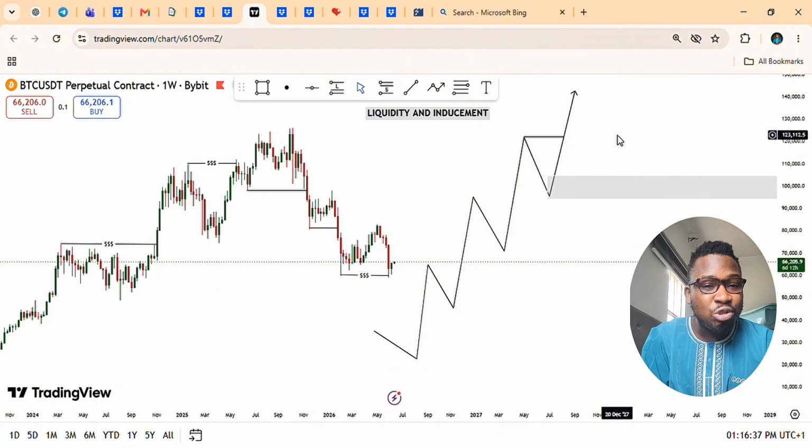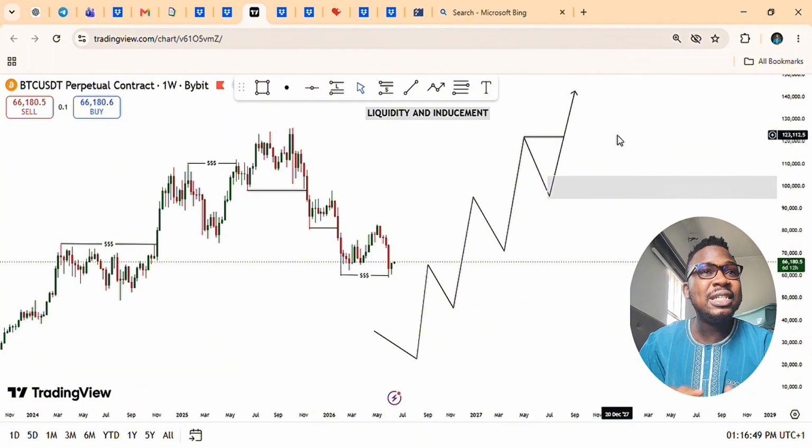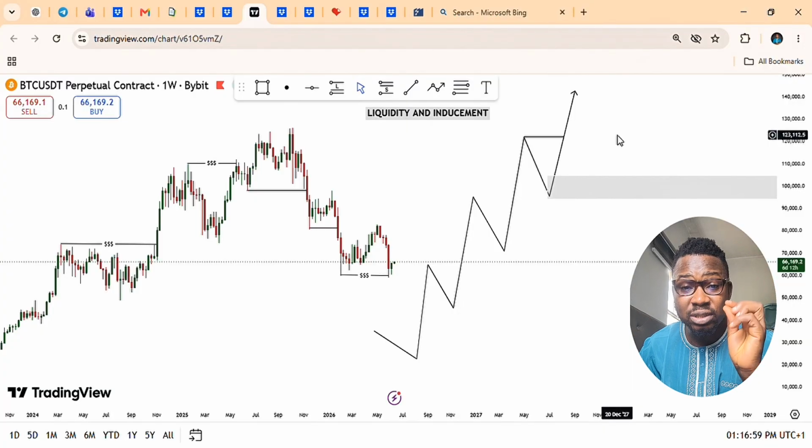You have been induced, because if you actually knew that it was a trap, you would not be involved in that setup. So with inducement, in most cases, you cannot tell. Even what you call inducement sometimes plays out, and that is why there is no 100% guarantee that a setup must play out. That is where risk management comes to save you guys.